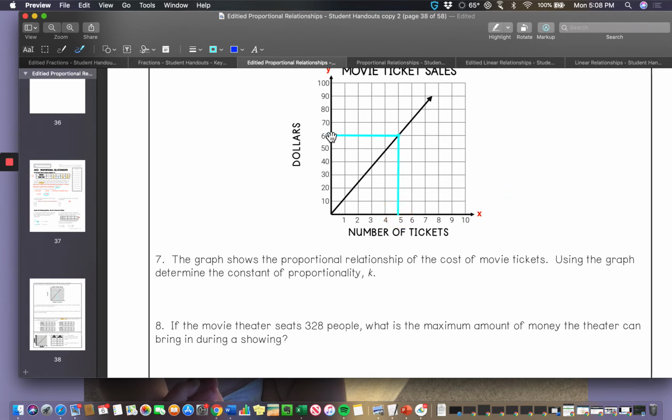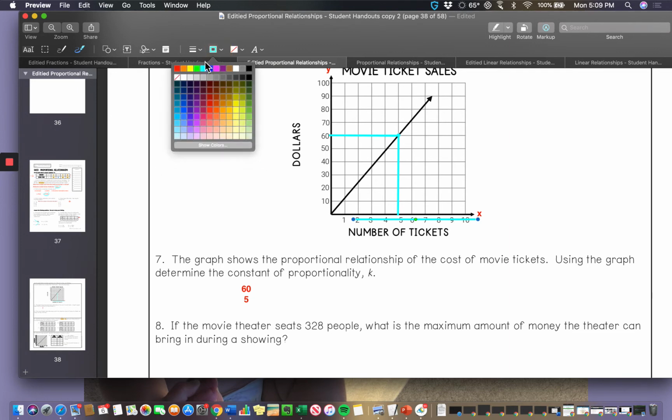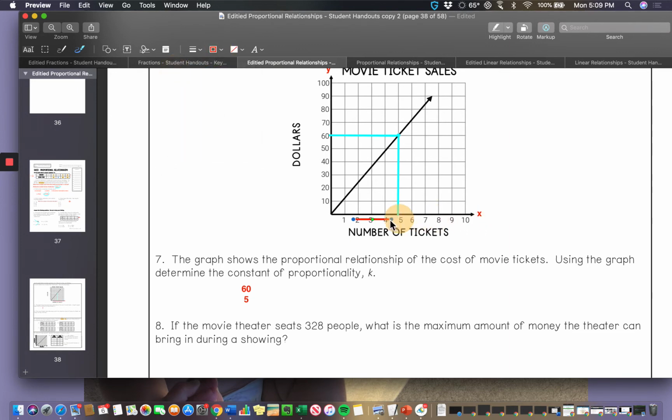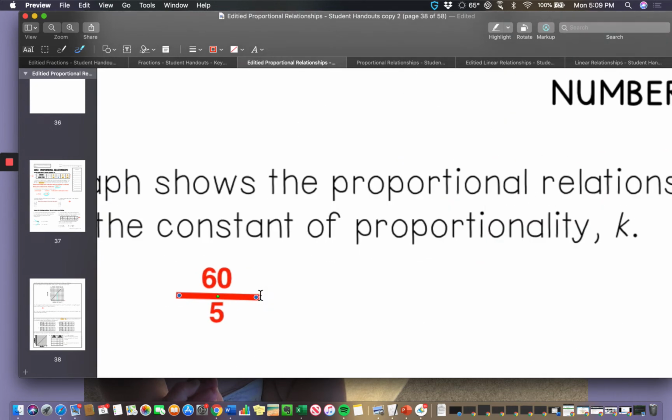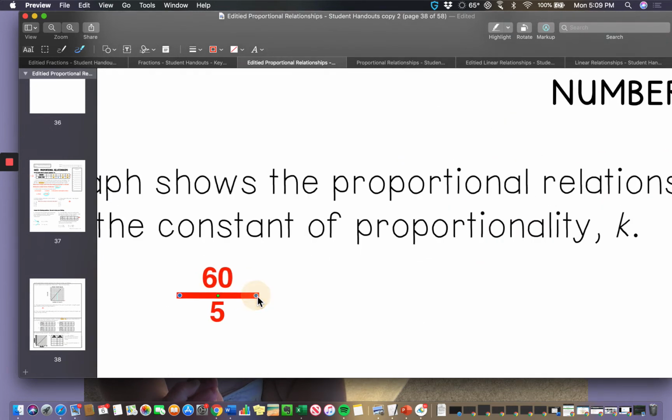So now I have my y value, which is 60, divided by my x value of 5. So whatever you get there, 60 divided by 5, is going to be your constant of proportionality.